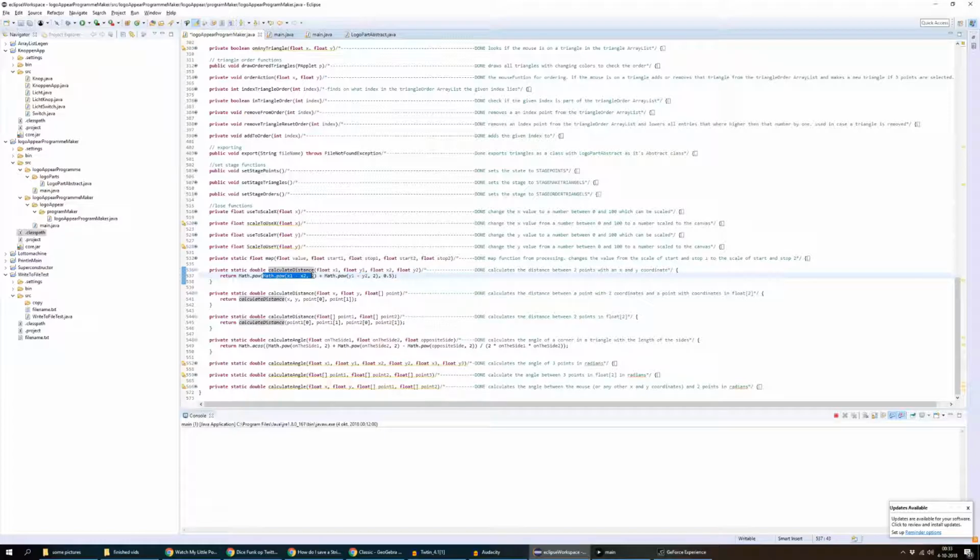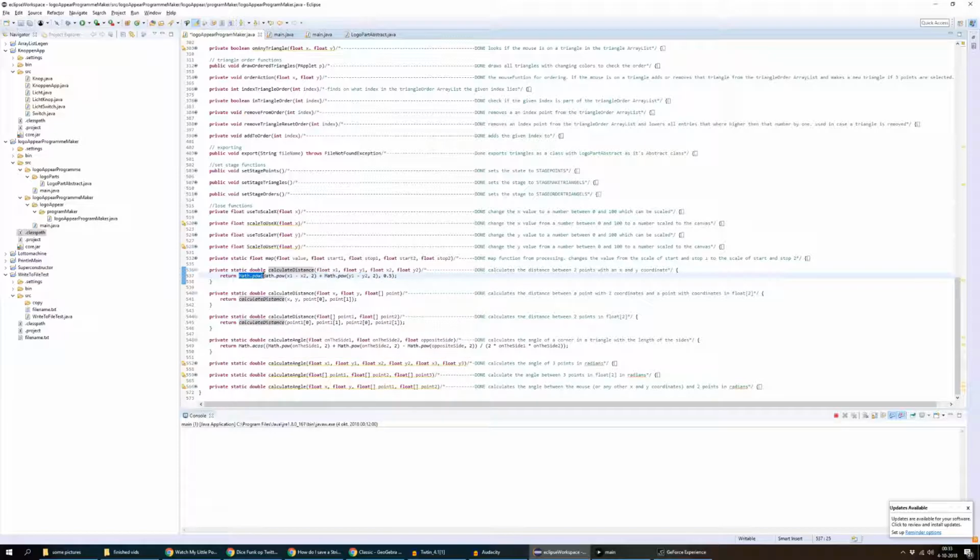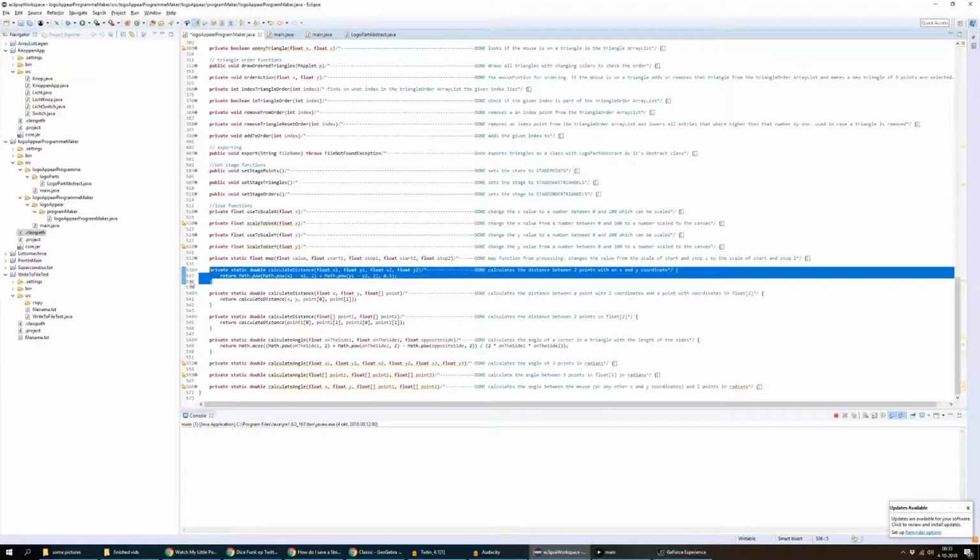So now we have a squared plus b squared. Now that equals c squared. So to get c, we simply take Math.pow and power it by a half, which is just the square root. So this is just the very simple code to get from two coordinates to the distance between the coordinates.